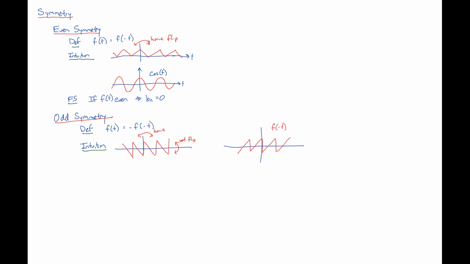And now if we flip it one more time up, down, to give us minus f of minus t, well, we still have this vertical piece here. But now if we flip it up, down, this will start off at the bottom and go up. And of course, that's the exact same thing as we started off with over here. So that's why it's an odd symmetry.